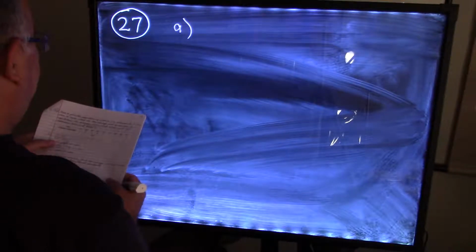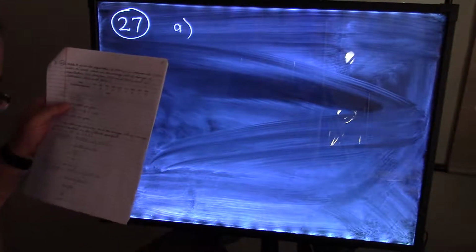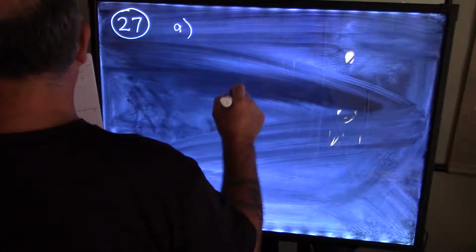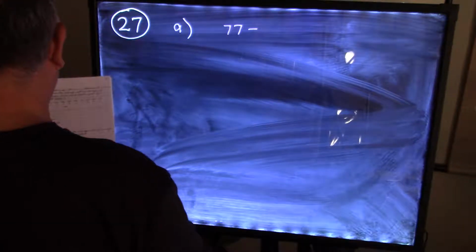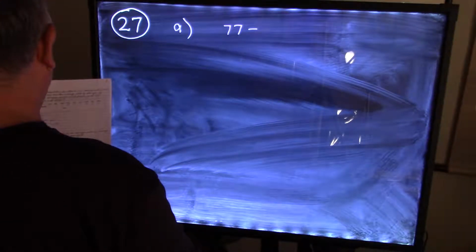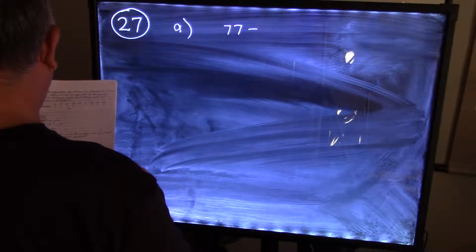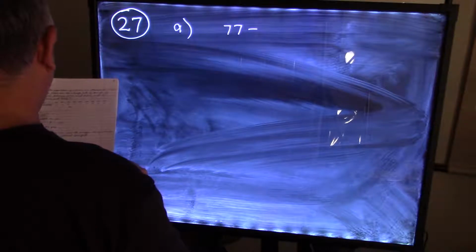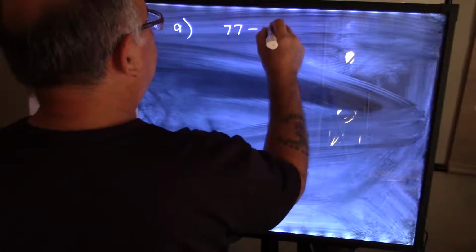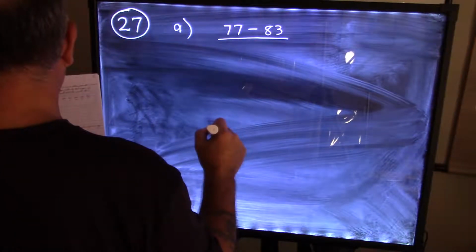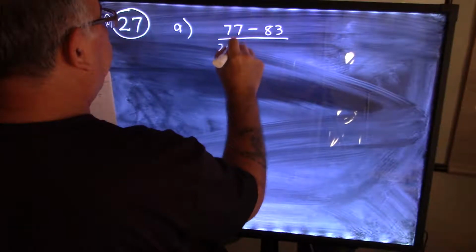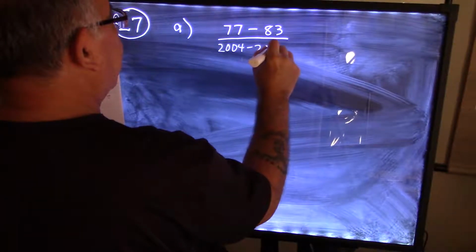So what's f of x2? That's the population in 2004, which is 77, or really 77,000. It's in thousands, so you write 77 minus f of x1. What's x1? It's 2002. What's f of x1? That's the population in 2002, which is 83. And then you go x2 minus x1, so that's 2004 minus 2002.